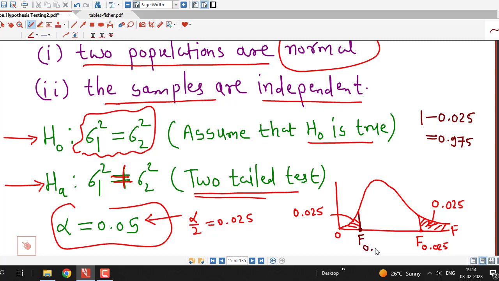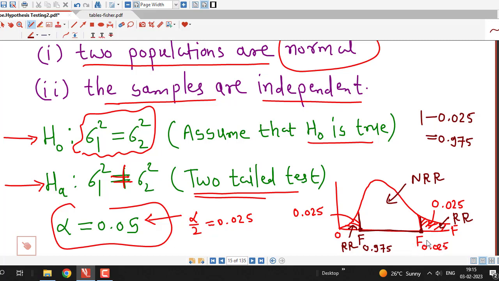Therefore this critical value is denoted by 0.975, and using the f distribution table we have to determine these two critical points, and these two regions are rejection regions. Here this region and this region both are rejection regions, and the region between these 2 points is the non-rejection region.